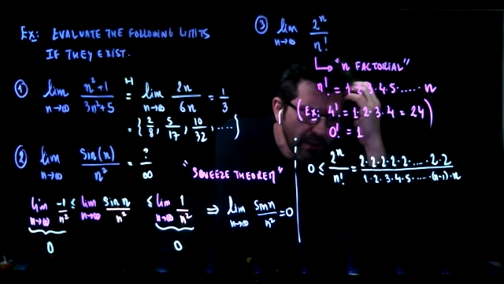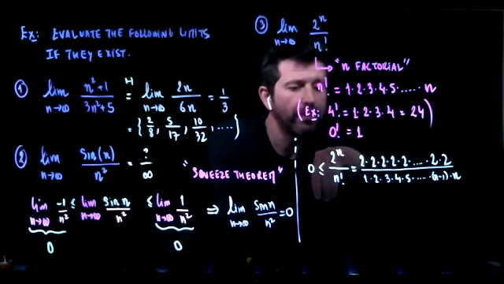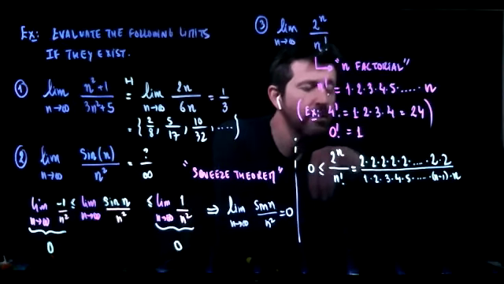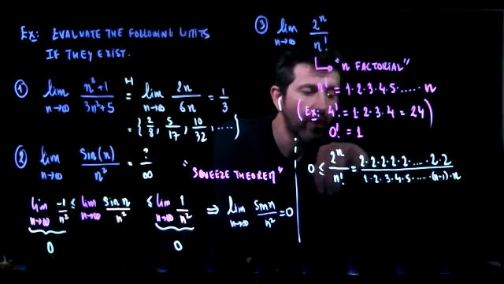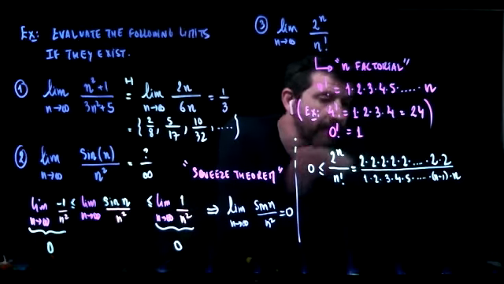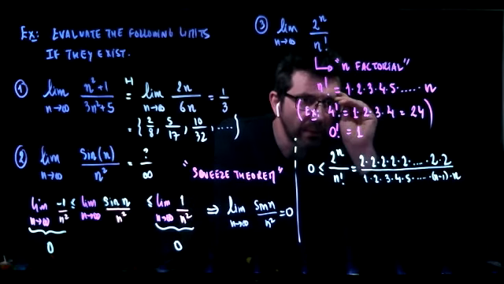Yeah, 2 power n is 2 times 2 times 2 times 2, that's what exponent means, right? If I have 2 power 5, it will be 2 times 2 times 2 times 2 times 2. So 2 power n is 2 times 2 times 2, n times. The only thing is I don't know what n is. So I just multiply 2 by itself n times.